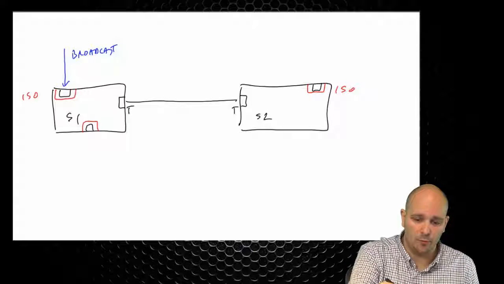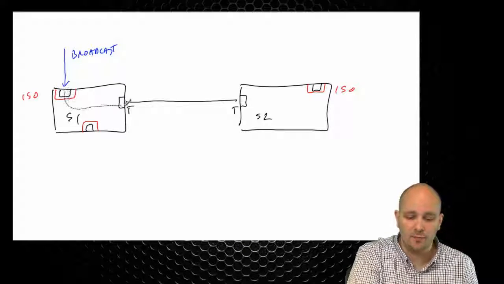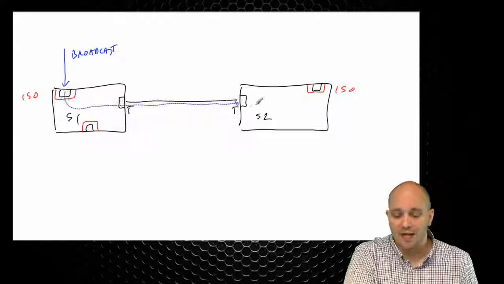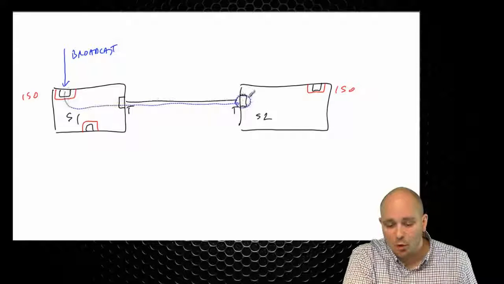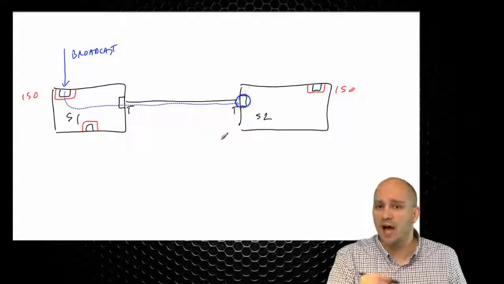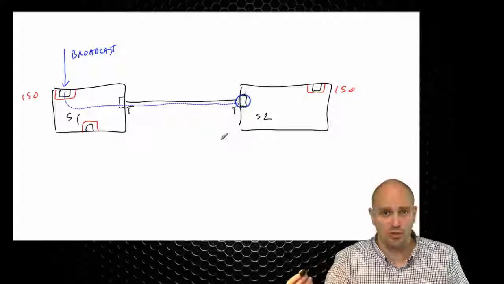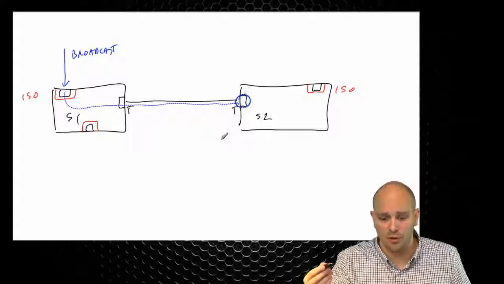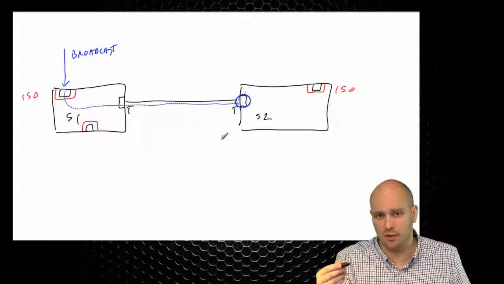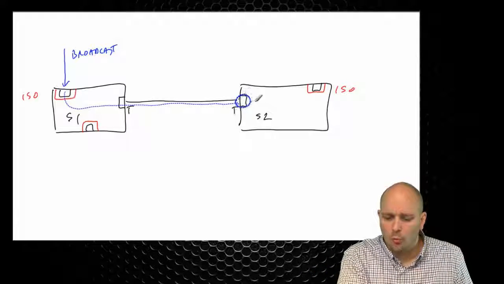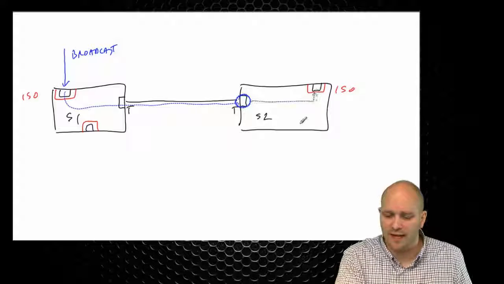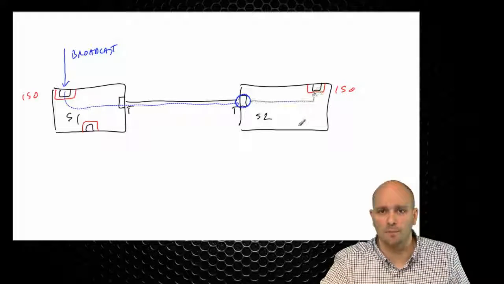But what's going to happen with this frame is that it will actually be sent out of this trunk. So now it arrives on this port here, which is neither in an isolated VLAN nor in a community VLAN, and it's not a promiscuous port, it's just a regular trunk port. So will this traffic actually be sent out of this port here?